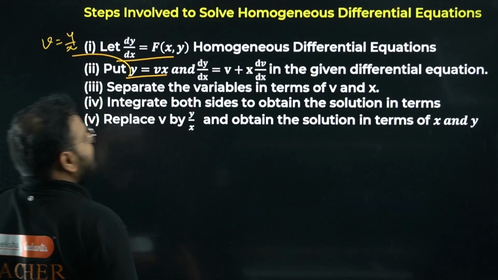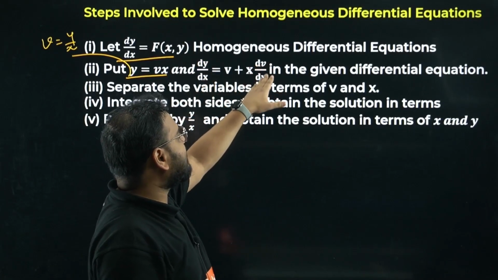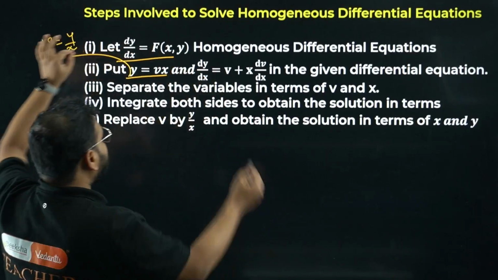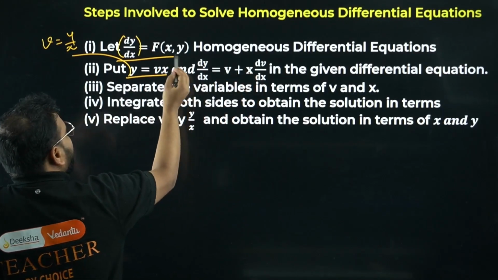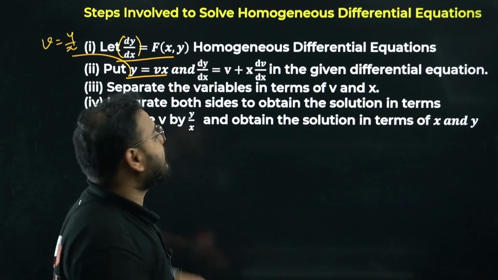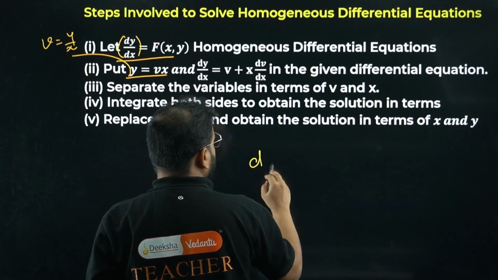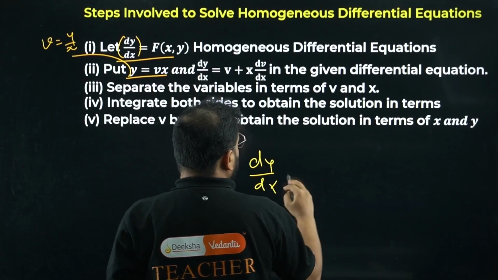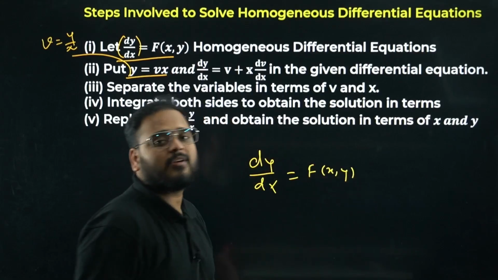Substitute this, and then differentiate: dy by dx equals v plus x dv by dx. In the function, replace dy by dx by this whole thing, and wherever there is y, just replace it with vx. I'll repeat myself. In this given differential equation, dy by dx equals f of x and y.